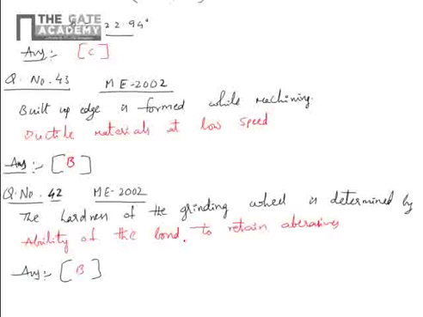Next is question number 41. Trepanning is performed for. Trepanning is one of the processes for producing a hole. Generally we know that for producing a hole we use drilling.